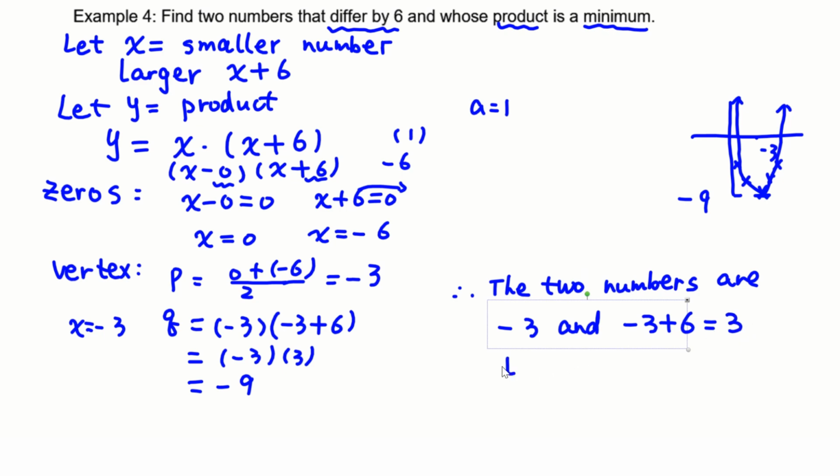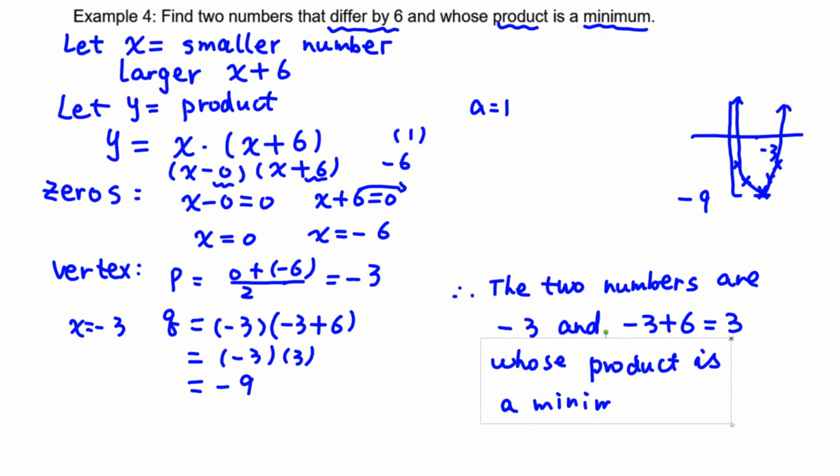That is the pair whose product is a minimum. The minimum is negative 9.